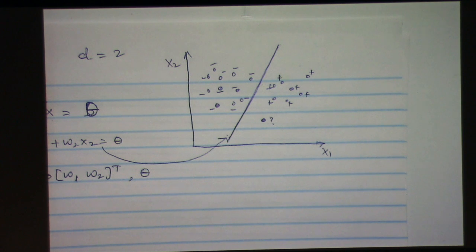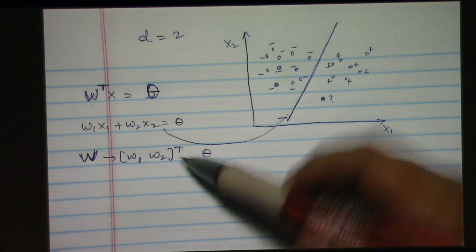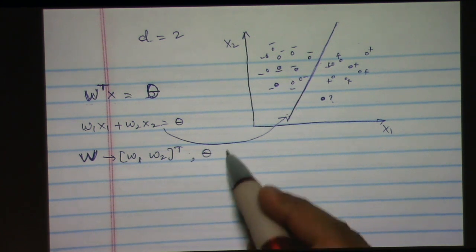And the one thing you will note here is that even our hypothesis space has suddenly become infinite in size, because these parameters can take any value. We are no longer looking at, like in the conjunctive hypothesis space, 3 power d plus 1 possible hypotheses that we had to search there. But now that's no longer the case.